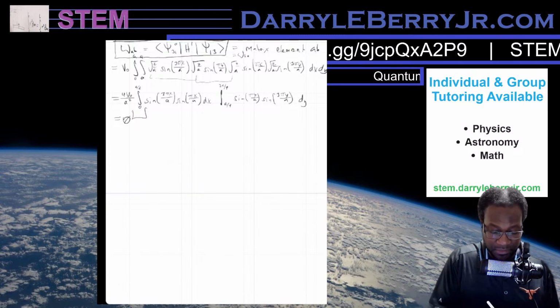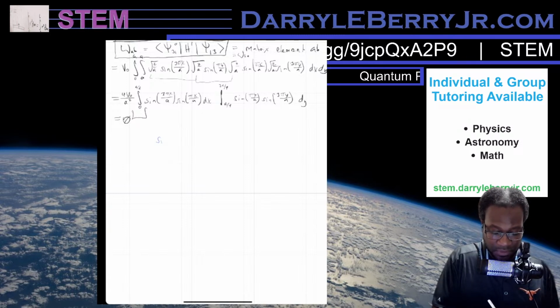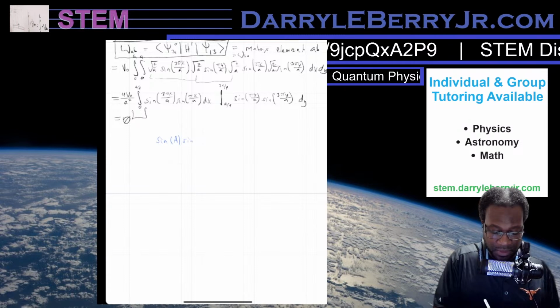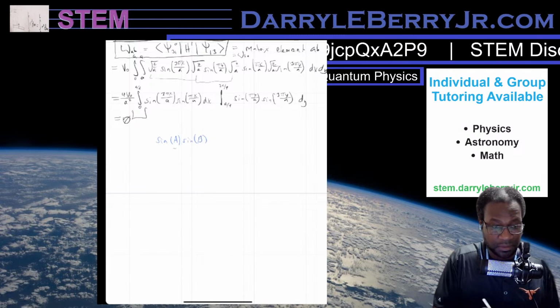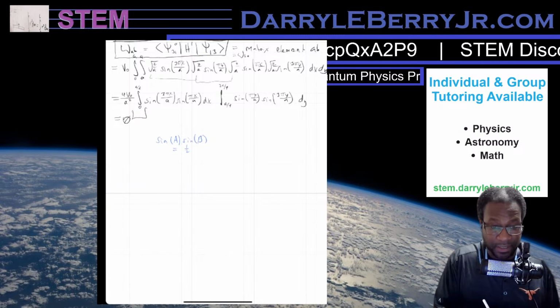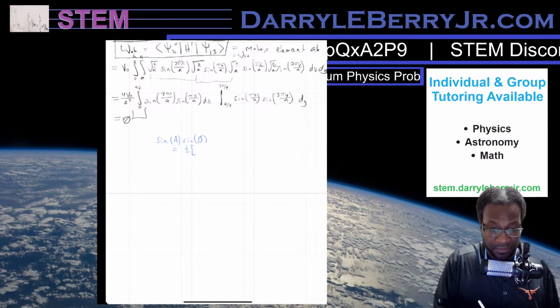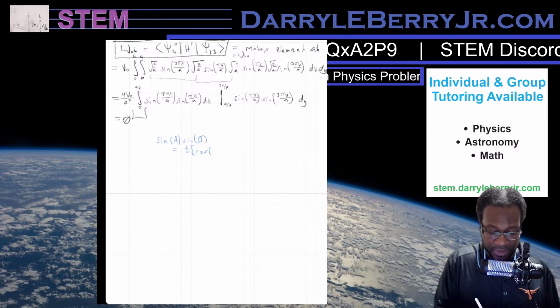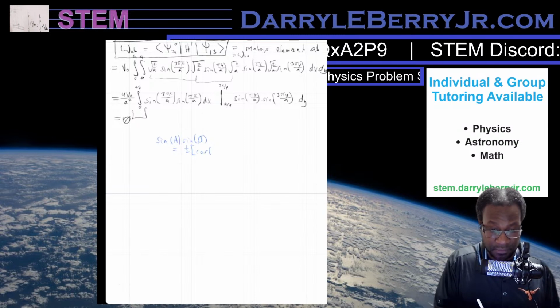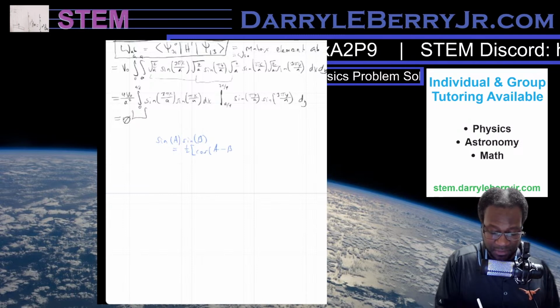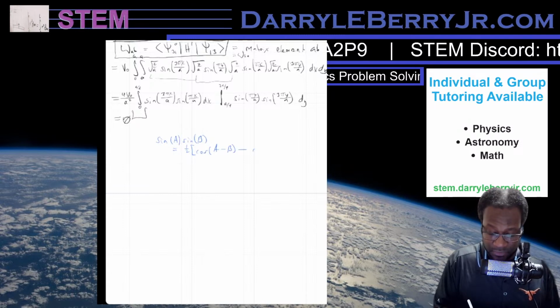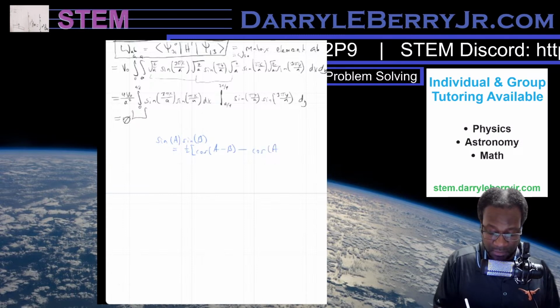We have two sines: sine A sine B equals 1/2 of the sum, cosine A minus B minus cosine A plus B.